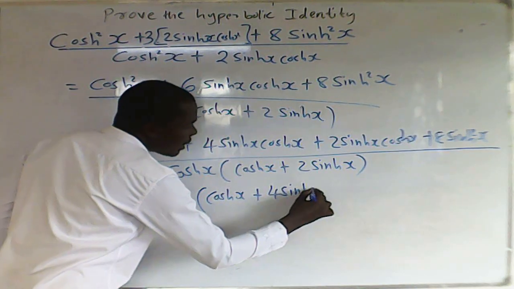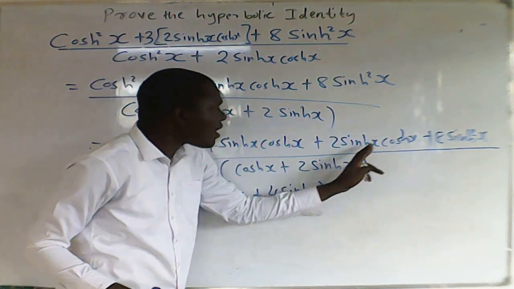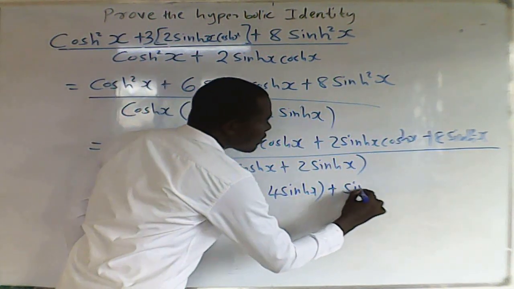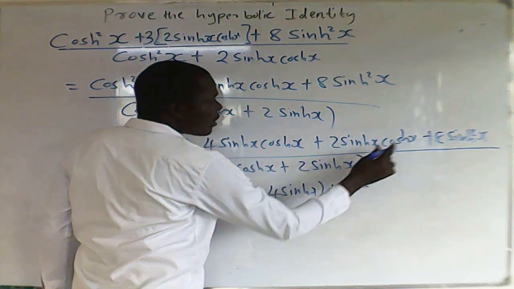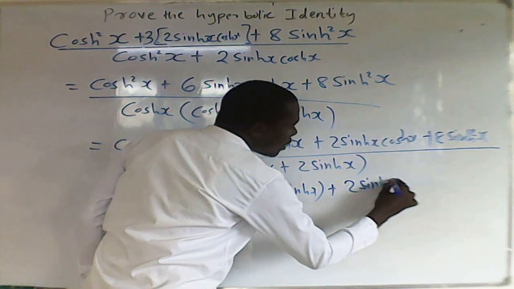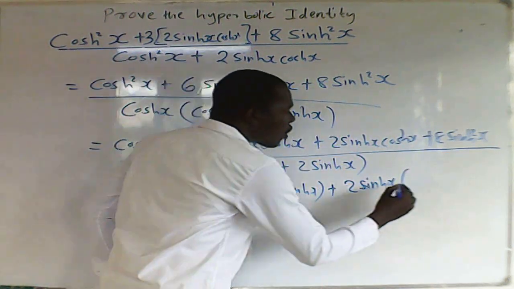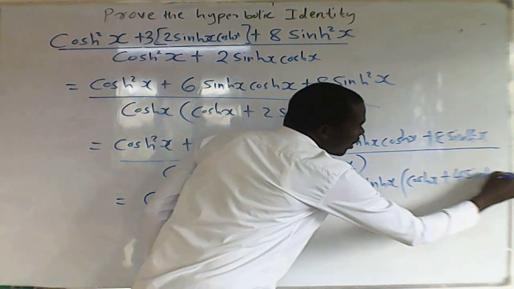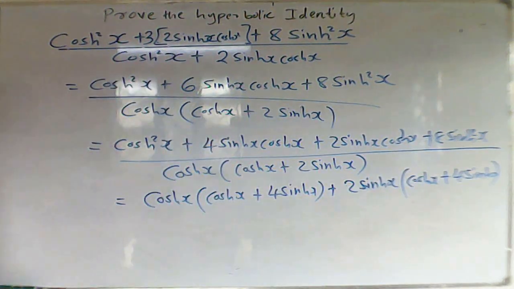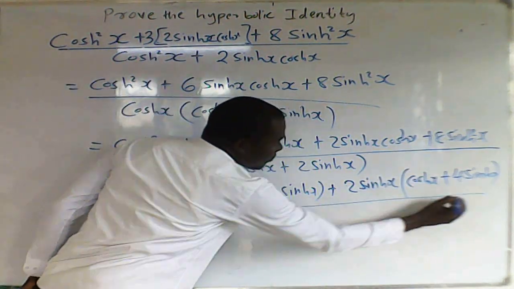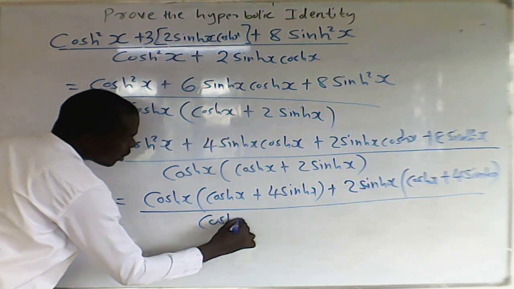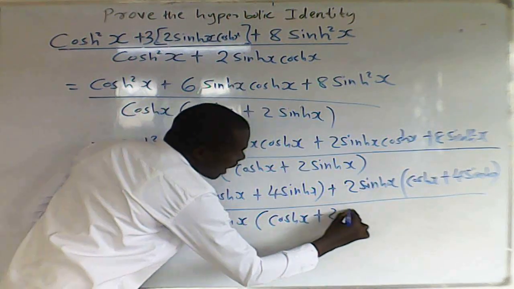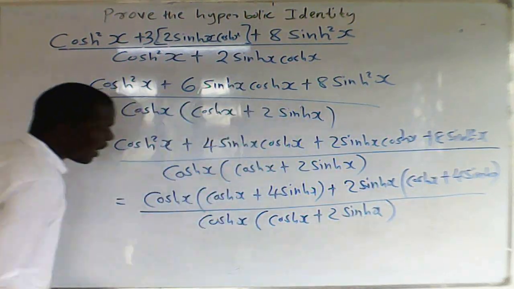Then for the last two terms, the common factor is 2 sinh x. If you remove 2 sinh x outside, you remain with cos x plus 4 sinh x. Then all of this is over cos x into cos x plus 2 sinh x.